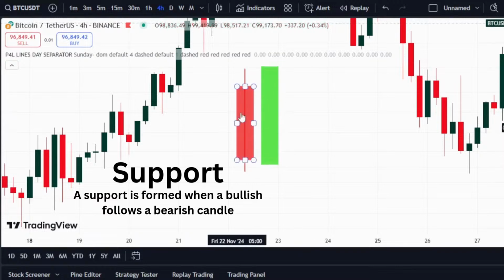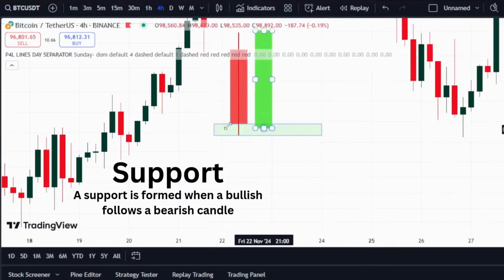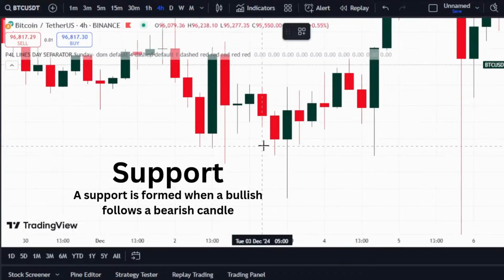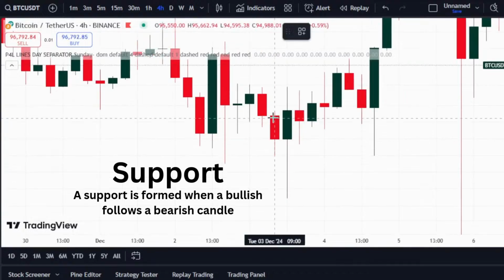Now, from the perspective of those who trade using the concept of support and resistance, the entire of this place is the support. This is the support level. Look at it here. You see, this is a bearish candle and this is a bull candle.